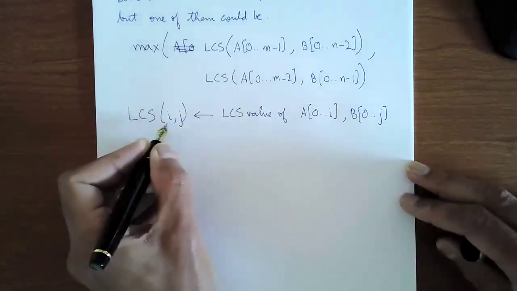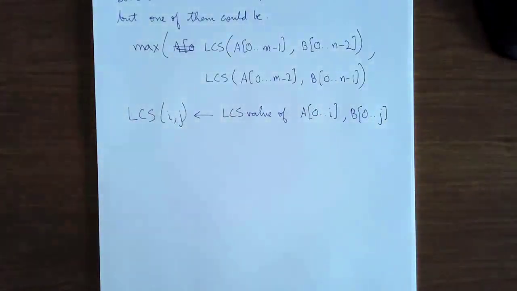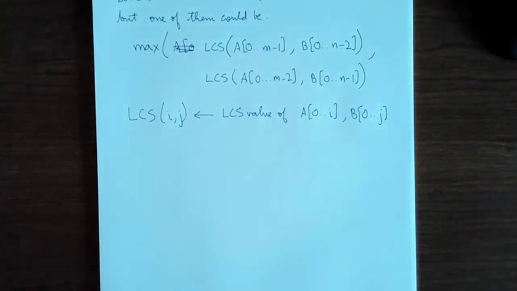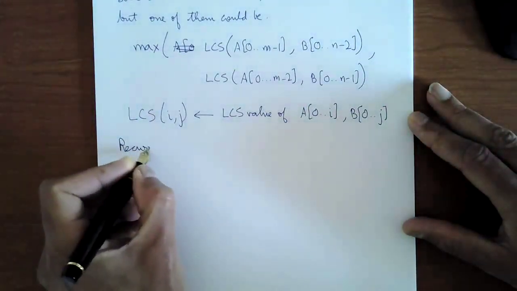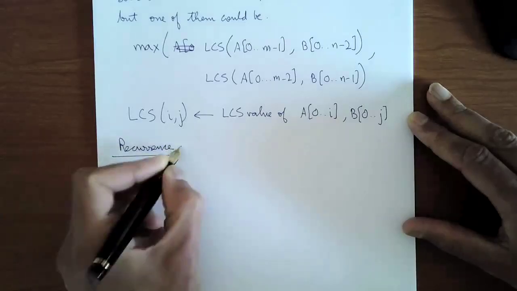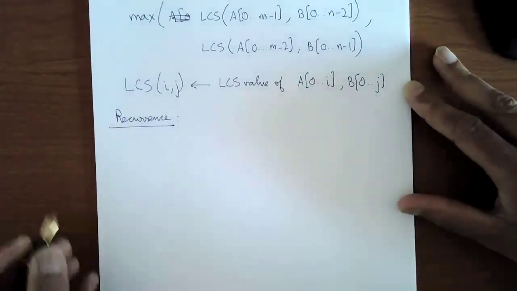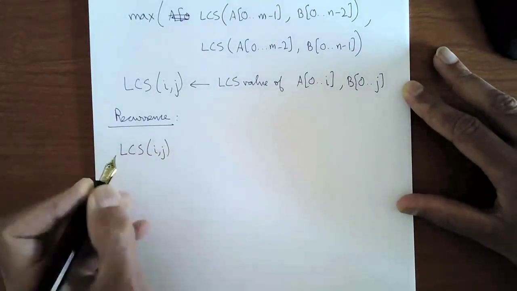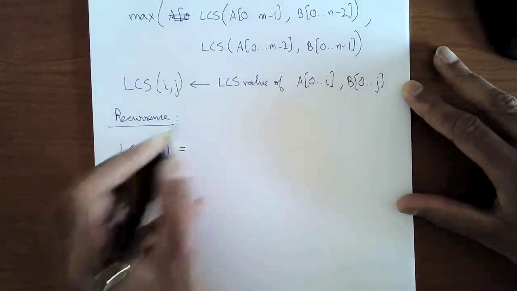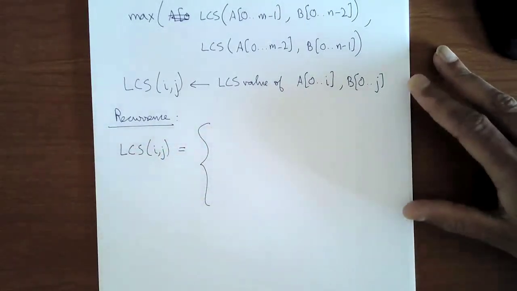So this is saying to look at the prefix of i and the prefix of j. And so here is my recurrence. I'll say LCS(i,j) is equal to the following.